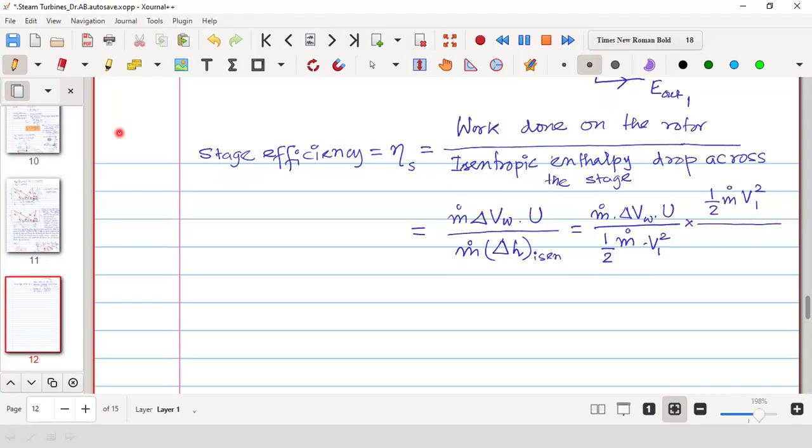Now we are just multiplying and dividing. And here it is m dot into delta H isentropic.